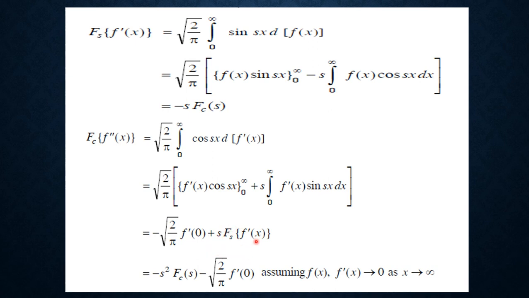After putting in this value, that is the Fourier sine transform of f'(x) equal to minus s F_c(s), we find minus s^2 F_c(s) minus root over 2 by pi f'(0).